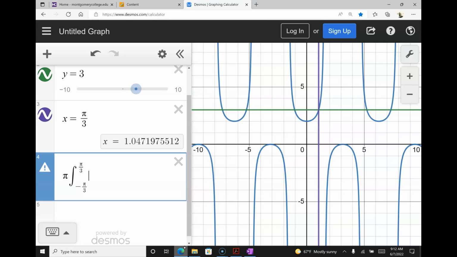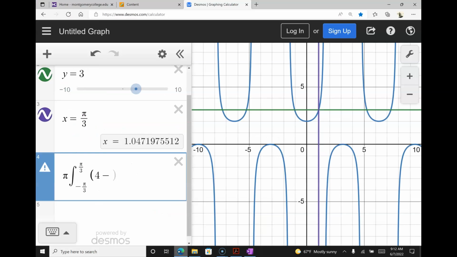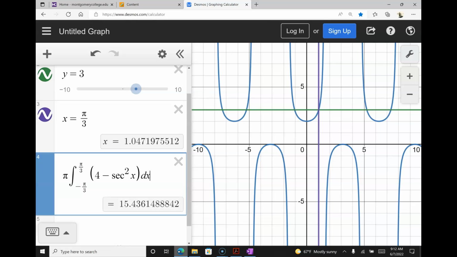And then my function was 4 minus, oh no, 4 minus secant squared, right? Yeah. So about 15.4, and then I'm going to take my result and see if it's correct, right?